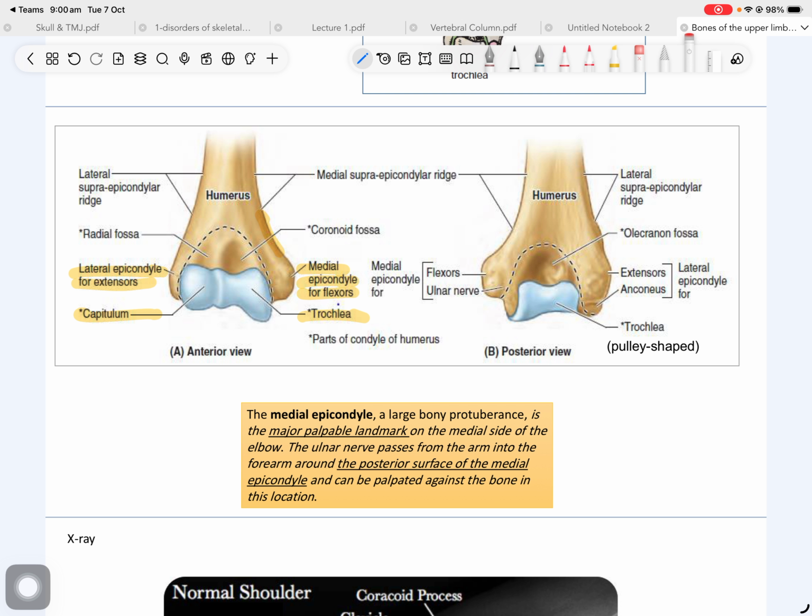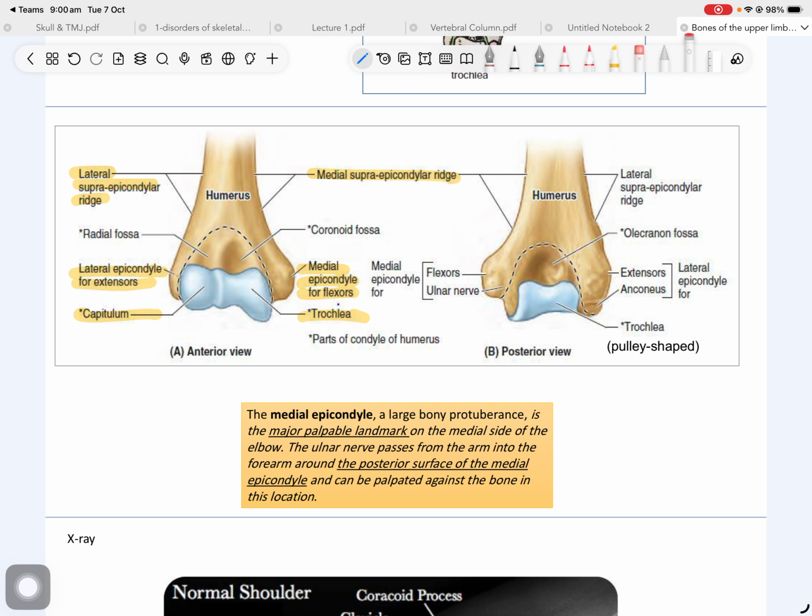All of these are sites of attachment of muscles, okay? We will talk about them later. So I have the medial and lateral supraepicondylar ridges, the medial and lateral epicondyles, and here the trochlea and the capitulum.